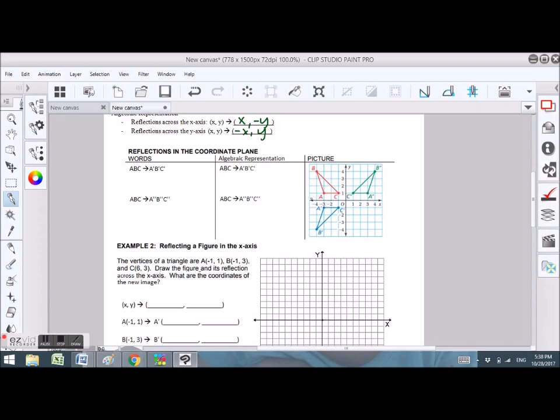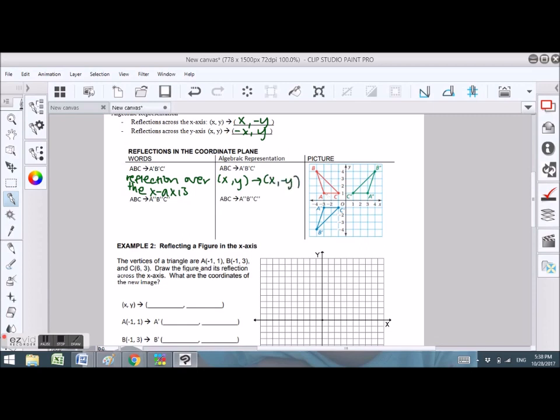So as we can see, the only thing in between them is the x-axis. So we know that this is a reflection over the x-axis. So our algebraic representation, if you remember, goes from (x, y) to (x, negative y).